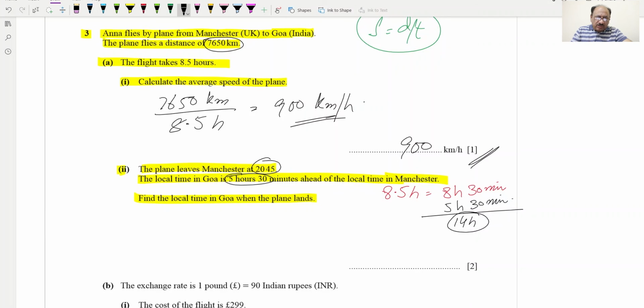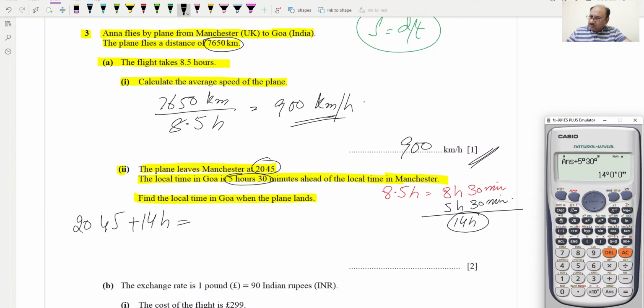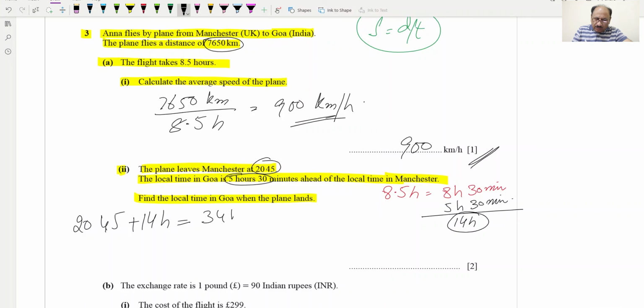Starting time is 20:45. From 20:45 it is taking 14 hours, and then we will be reaching the time. So 14 hours plus 20 hours and 45 minutes, and pressing the time button, it will be 34 hours and 45 minutes.